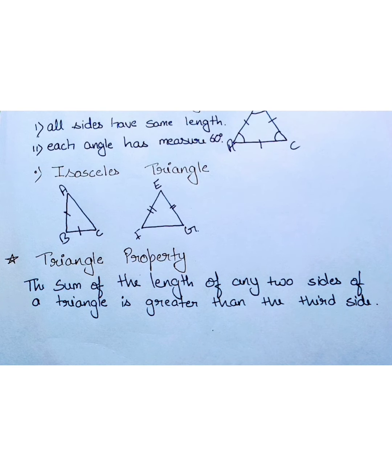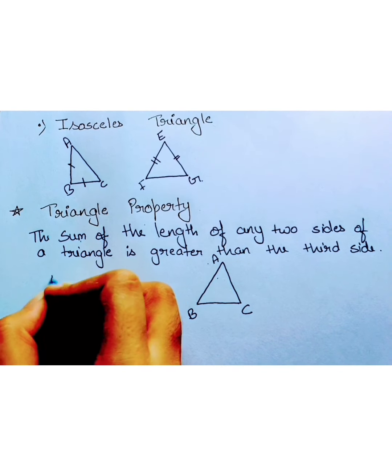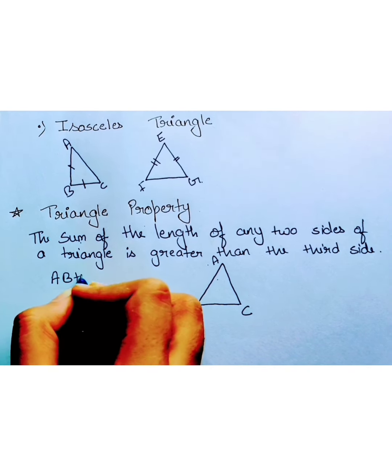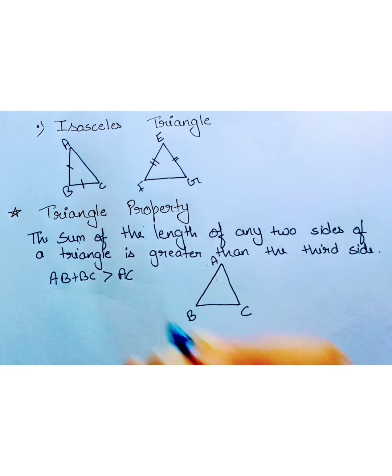So your definition says the sum of the lengths of any two sides of a triangle is greater than the third side. How? Here we have triangle ABC, and according to our triangle property, the sum of sides AB and BC will be greater than the third side, that is AC.